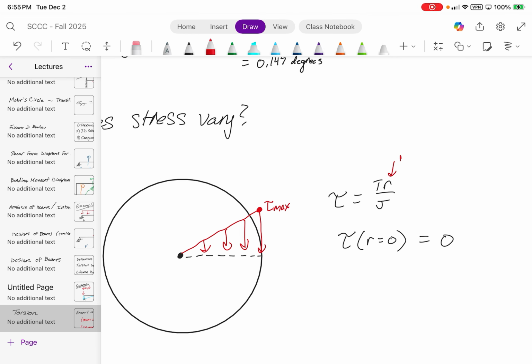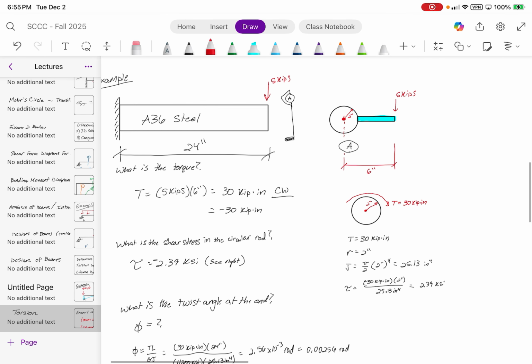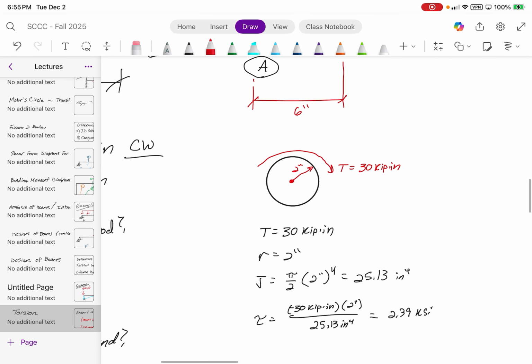So R is technically the point of interest, and tau max occurs when the radius is just the maximum. In this case, the maximum shear stress was towards the outside face.